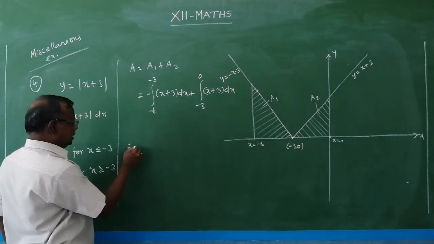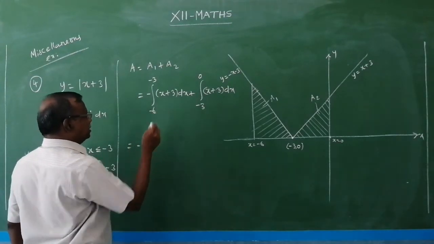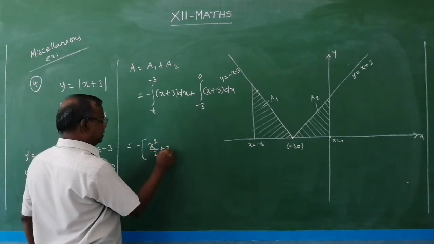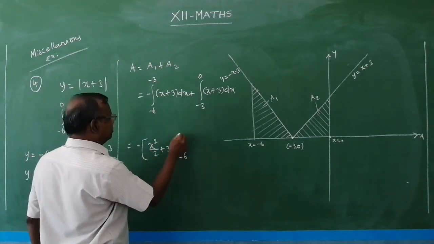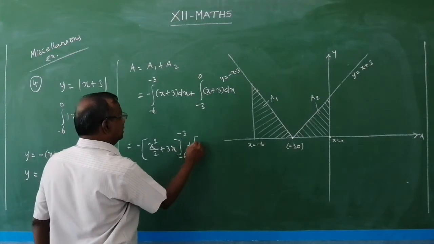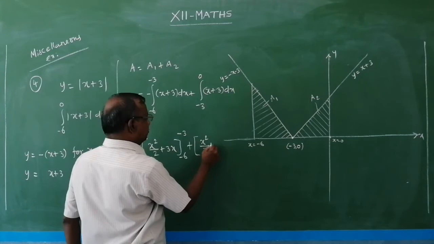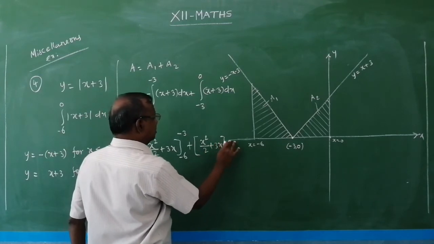So the first part is minus of the integral of x plus 3, x square by 2 plus 3x from minus 6 to minus 3, plus the second, x square by 2 plus 3x from minus 3 to 0.